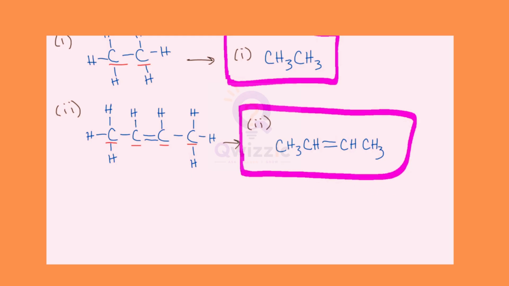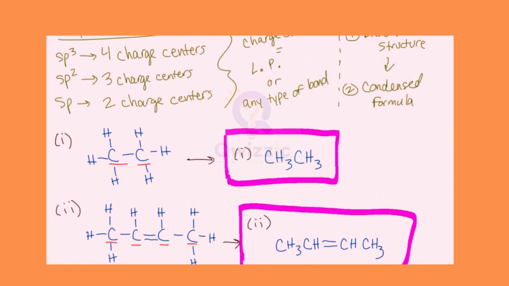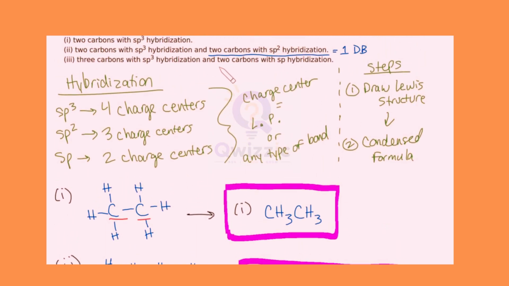All right, last compound. We have 3 carbons with sp³ hybridization and 2 carbons with sp hybridization. So we have 5 carbons and 2 carbons have sp hybridization, so I know that's going to be a triple bond, right? 2 carbons with sp hybridization will be 1 triple bond.